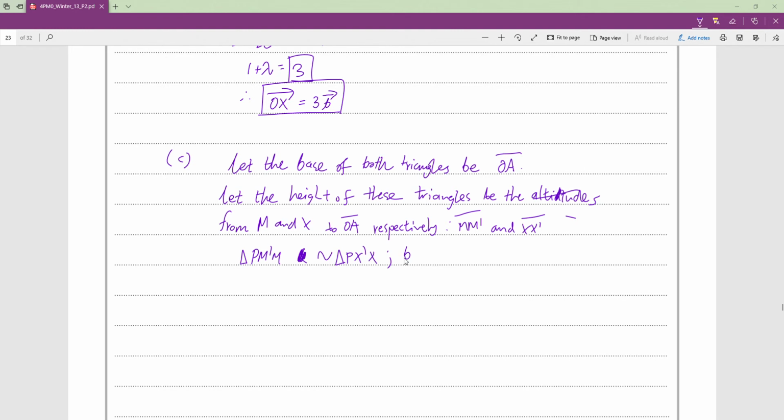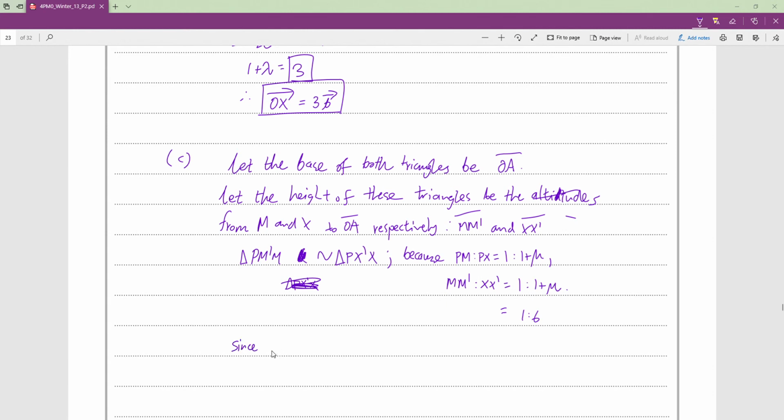And because PM to PX is 1 to 1 plus mu, this means in the same way, MM prime to XX prime equals 1 to 1 plus mu. Or because mu is 5, equals 1 to 6.